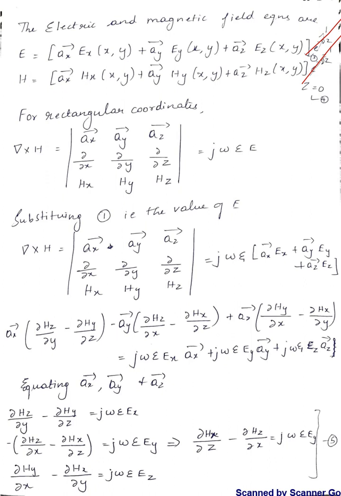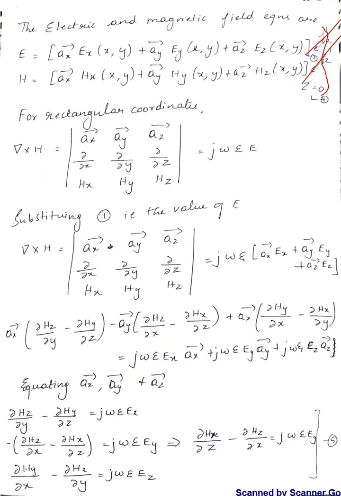And for H, that is the magnetic field equation, H is nothing but Ax vector Hx of x comma y, Ay vector Hy of x comma y, and Az vector Hz of x comma y e power minus gamma z. So we are assuming that z is equal to 0. So e power minus gamma z will become 1 in both the equations. This will be neglected as 1, and we will have this equation alone.